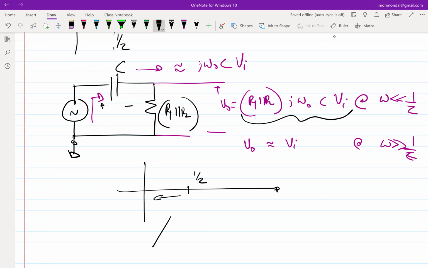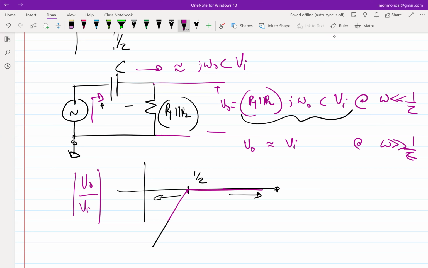And when I'm at much higher frequency than 1 over tau, it should be a flat line. I'm plotting mod of V naught over Vi. Since this is a first order circuit and I have two slopes, those two slopes will meet at the corner frequency, which is the 3 dB frequency. Using a Bode approximation, this will be a straight line.